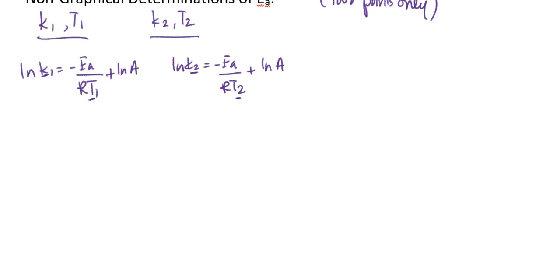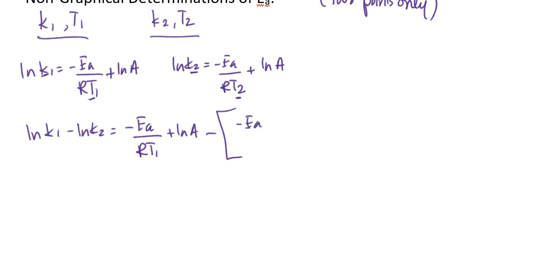And if I subtract each of these equations from each other, what I'm going to get is the natural log of k1 minus the natural log of k2 is equal to negative Ea over RT1 plus the natural log of A, minus, and this is going to be negative Ea over RT2 also plus natural log of A, because since we're still talking about the same chemical reaction, then Ea and the frequency factor should be the same, even if we're doing these 2 measurements at different temperatures.